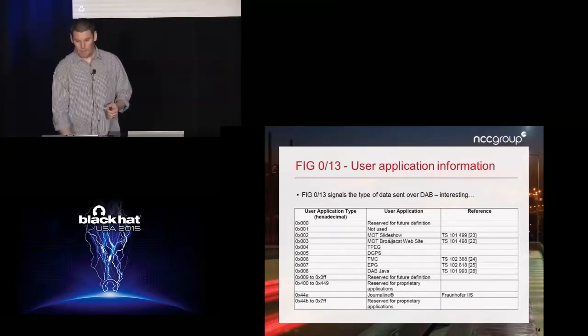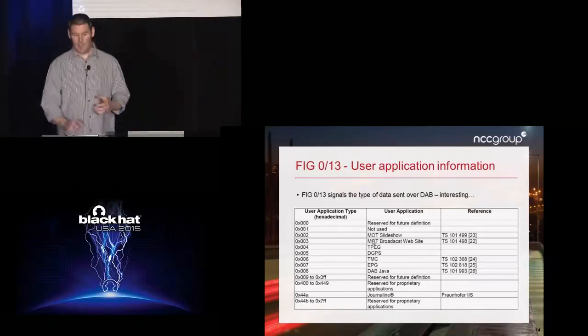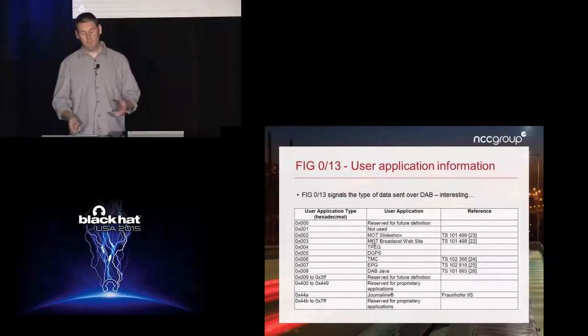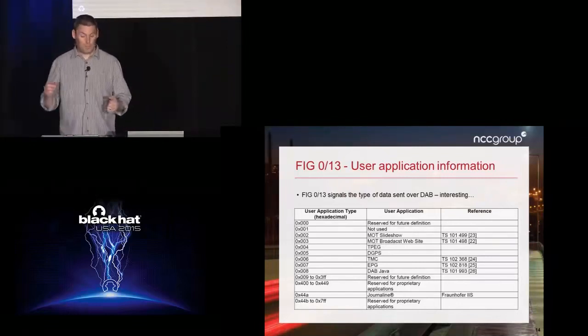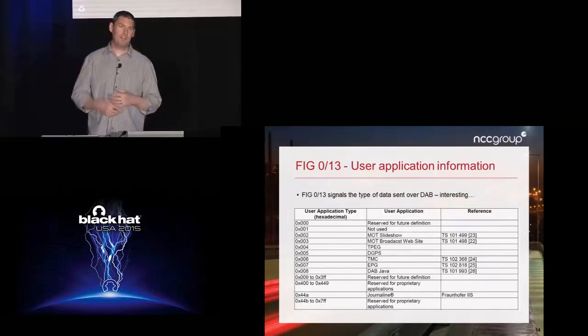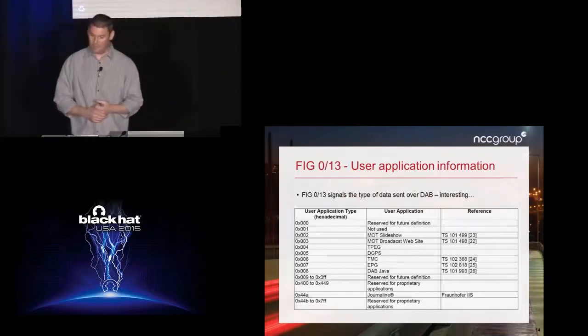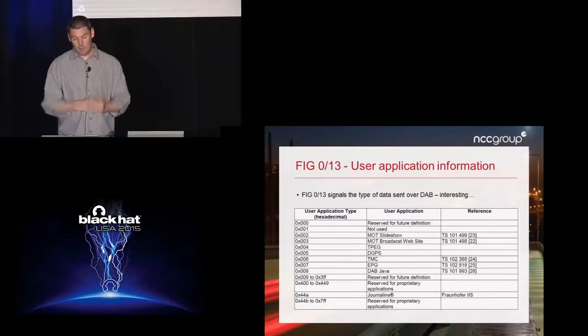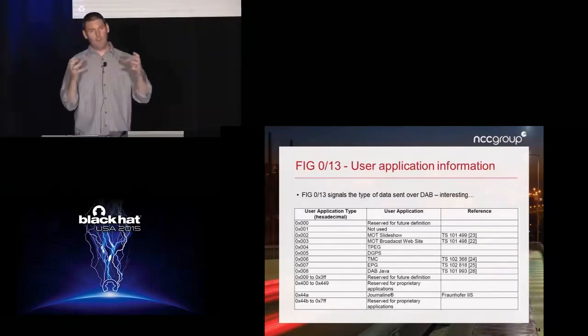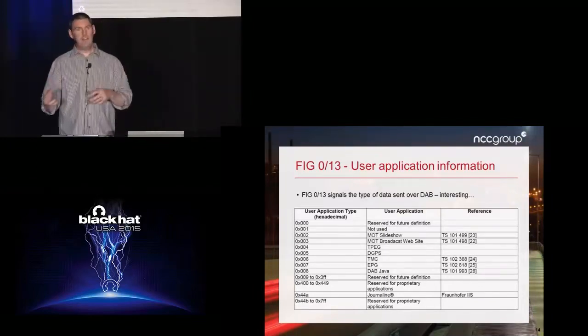slideshow. Now, MOT is multimedia object transport, which is yet another protocol for which there's yet another complicated spec that explains how it's encoded. But essentially, your MOT data is fed into your multiplex along with the audio that you're transmitting.